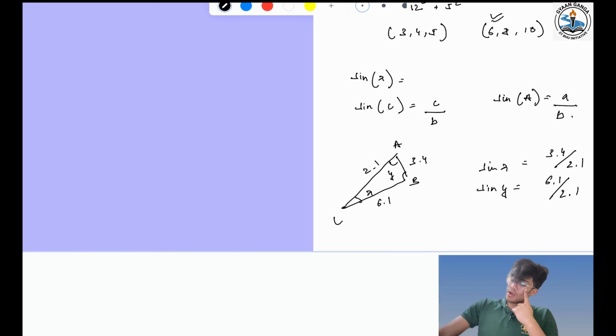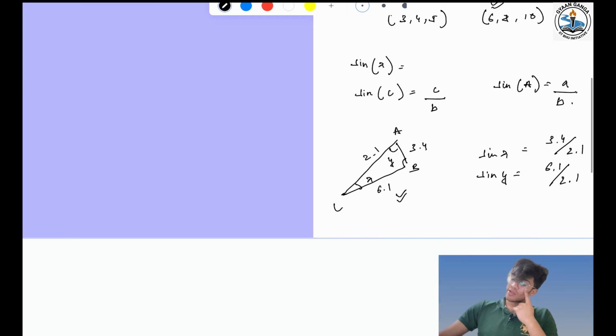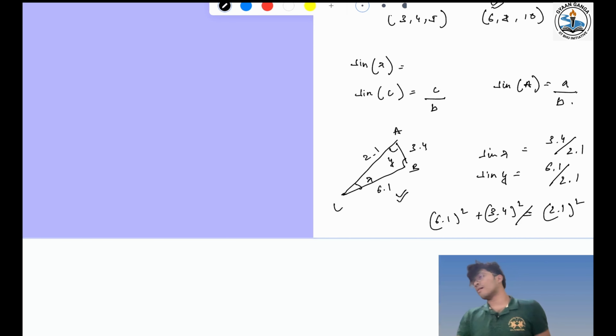But my next question to you is, is this a right angle triangle to begin with? You clearly can see that 6.1 square plus 3.1 square is not equal to 2.1 square. So it is not a right angle triangle, and sin x and sin y have no meaning there. I'll move a step further.